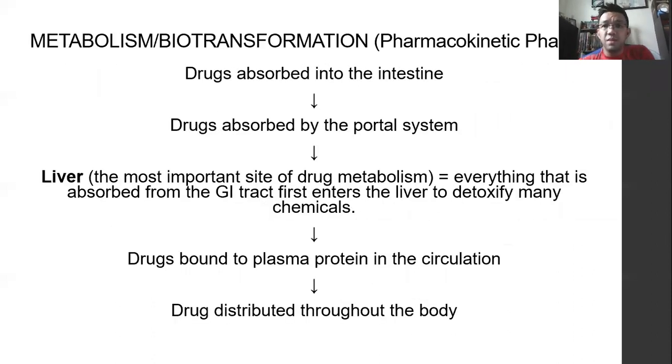Now we go to metabolism or biotransformation, which is one of the pharmacokinetic phases. Once drugs are absorbed in the intestines, they are further absorbed via the portal system.